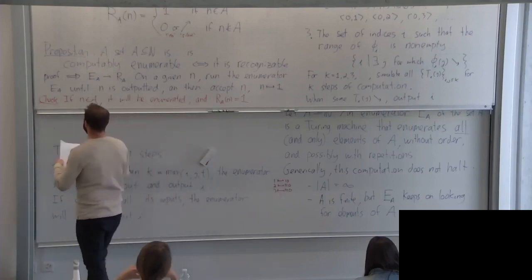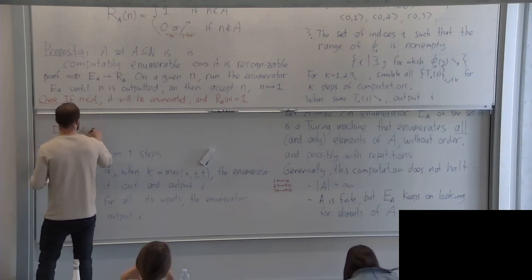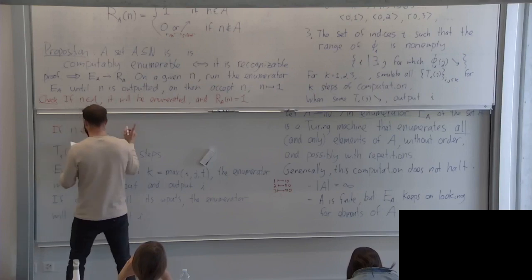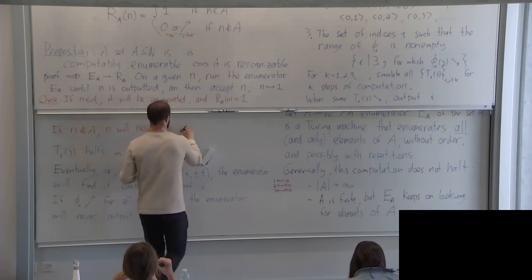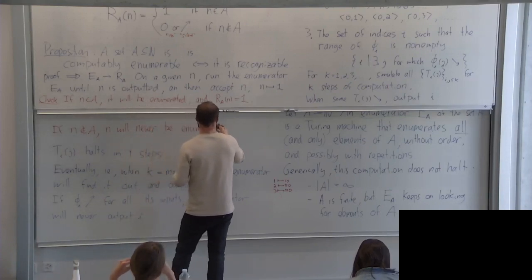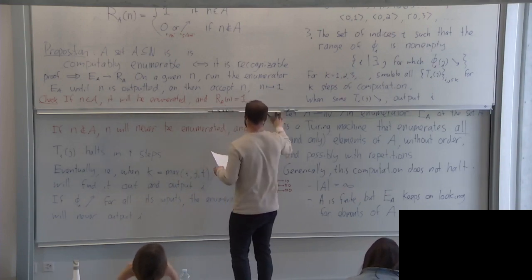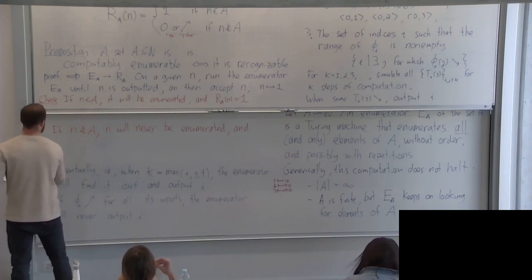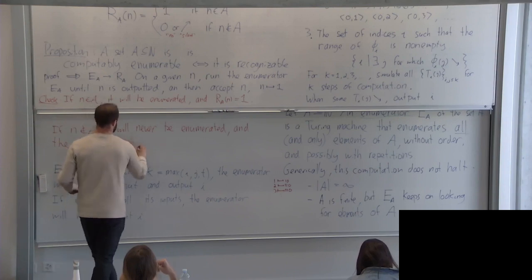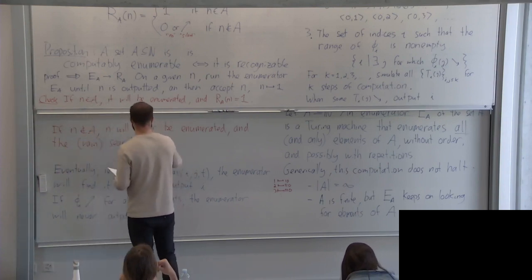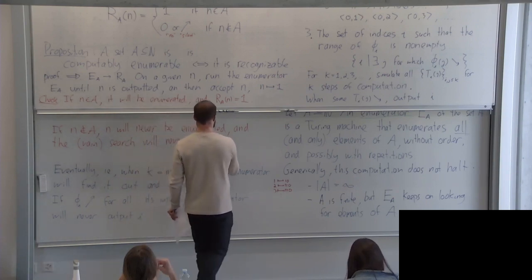On the other hand, if n is not in A, n will never be enumerated, and the vain search will never halt. As required.